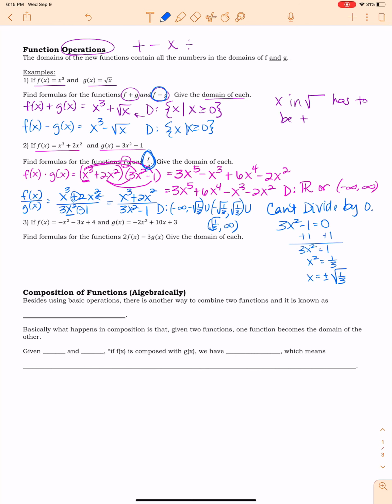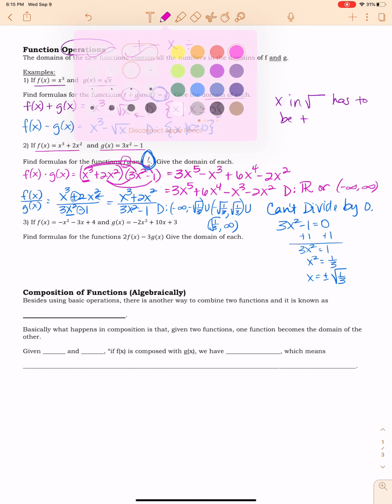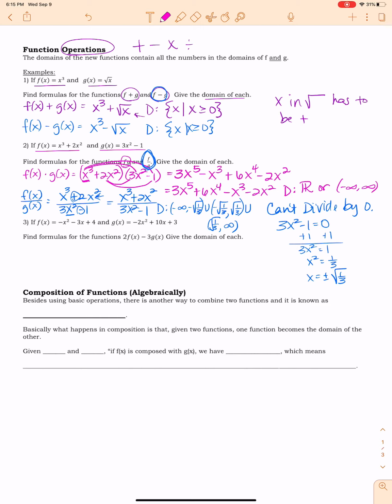It's very disappointing. Okay, so number 3, we have f of x equals negative x squared minus 3x plus 4, and we have g of x equals negative 2x squared plus 10x plus 3. So I'm being asked to find the formula for 2f of x minus 3g of x.